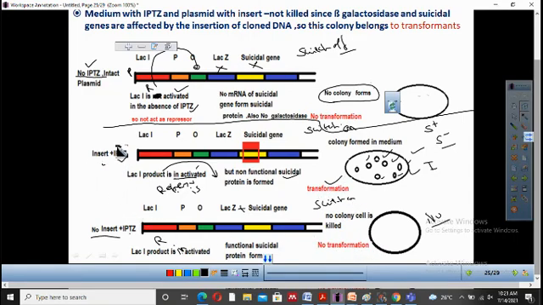But the condition is that IPTG is present. With IPTG present, if the insert has taken place, it is a transformation; if no insert has taken place, that is non-transformation. So this is the simple concept of how to screen out the transformants and the non-transformants during the recombinant DNA technology process. I think this is the simplest way.